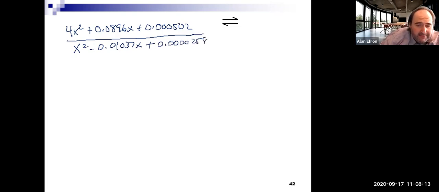And that is still equal to 54.3 on the other side.